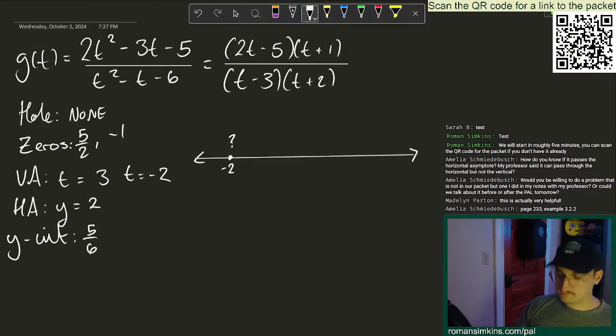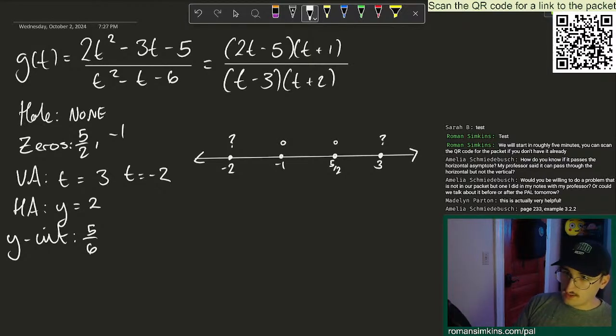That's an asymptote. My next value is -1, and that's a 0. My next value is 5/2, and that's a 0. And my last value is 3, and that's an asymptote.